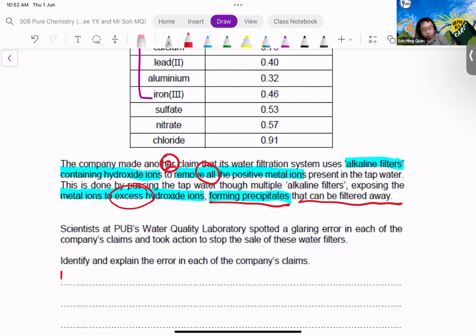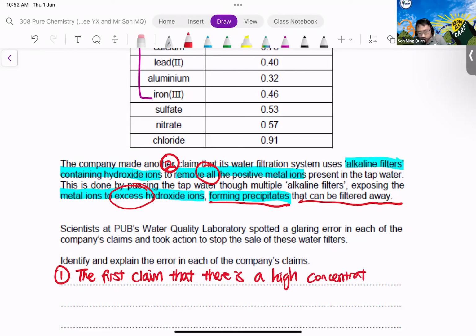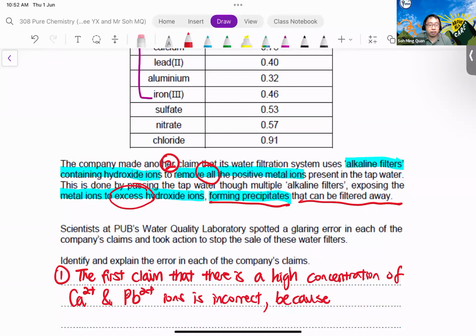So let's do the first claim. The first claim that there is a high concentration of calcium and lead-2 ions is incorrect. Why is it incorrect?